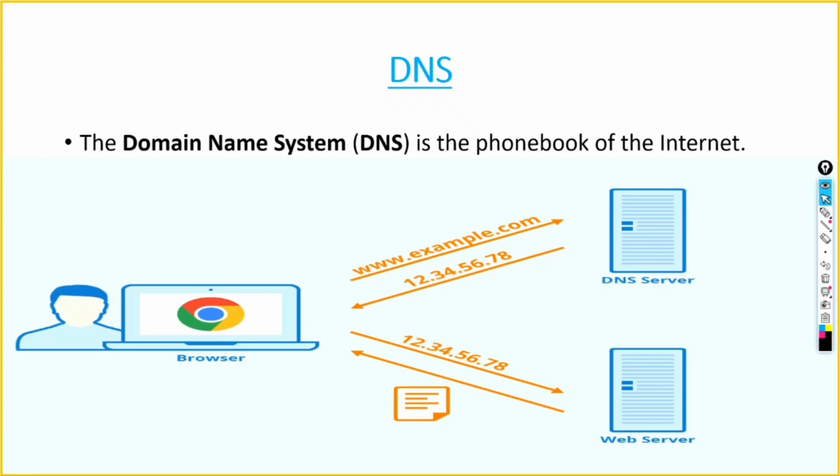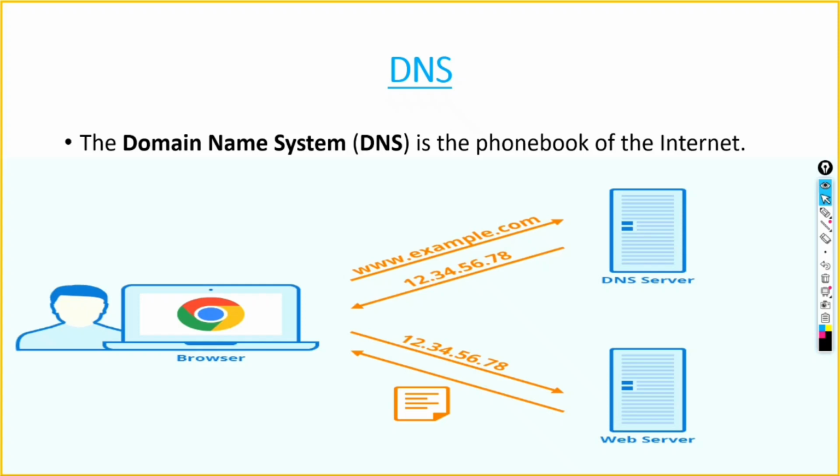Computers talk to other computers through IP addresses. So when you say google.com, the computer doesn't understand that. What the DNS does over here is, whenever you say google.com, its role is to convert google.com into an IP address. As you can see in the picture, a person sitting on the browser is saying www.example.com.